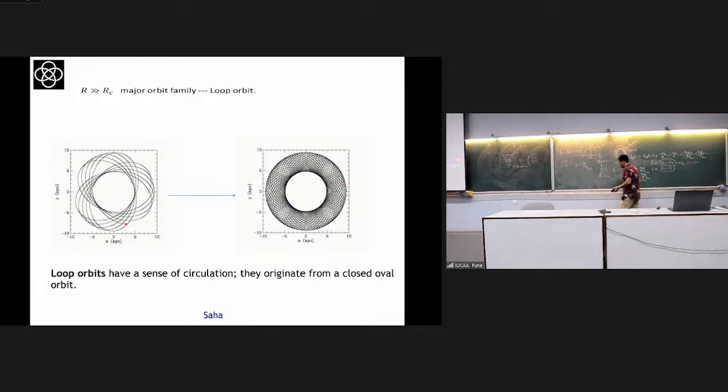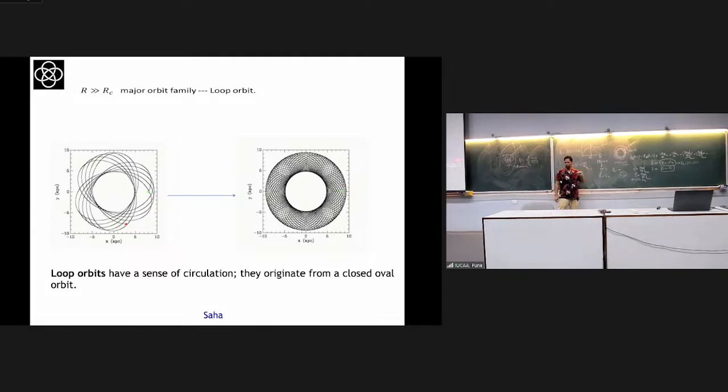So most spiral galaxies have a circular velocity which is almost constant far out. Hence the deduction is that they contain unseen matter, which is dark matter, and the dark matter should be such that its density is proportional to 1 over r squared, and the potential should be proportional to the logarithm of the radius.